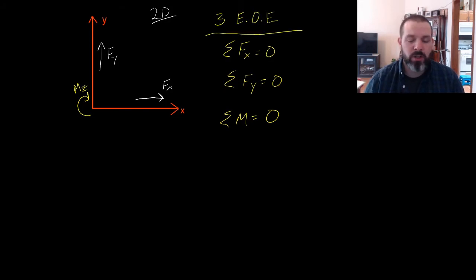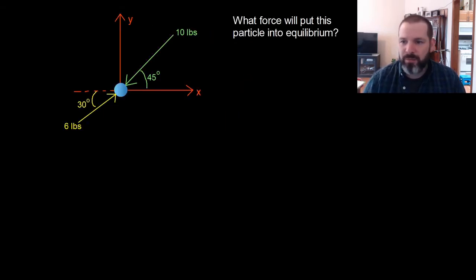No less, no more. Now, how does this work out? Here we have one blue particle. This particle has an x and y coordinate system coming from the center of the particle.